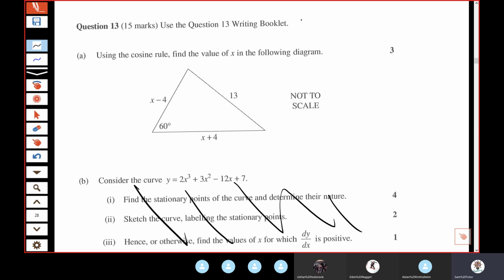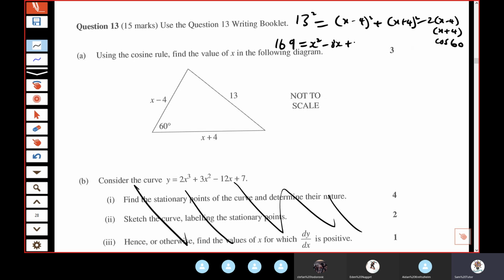So, here we go. 13 squared equals x minus 4 squared plus x plus 4 squared minus 2 times x minus 4 times x plus 4 times cos 60. Cos 60 should be a half. Fair enough. So that becomes 169 equals x squared minus 8x plus 16 plus x squared plus 8x plus 16 minus, the 2 and the half cancel out, so you're just going to get a difference of two squares in there, which is minus x squared minus 16.